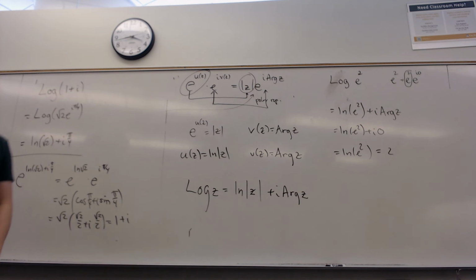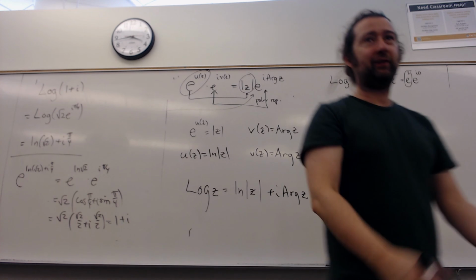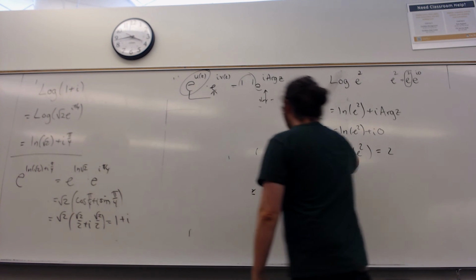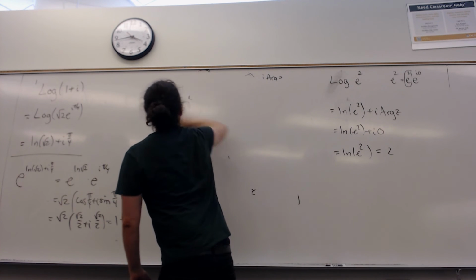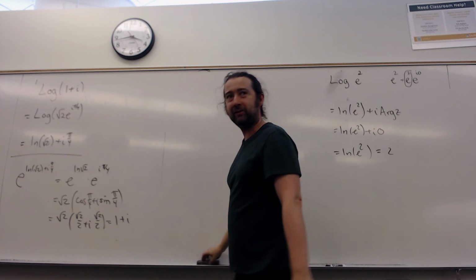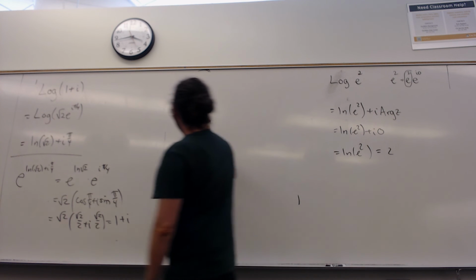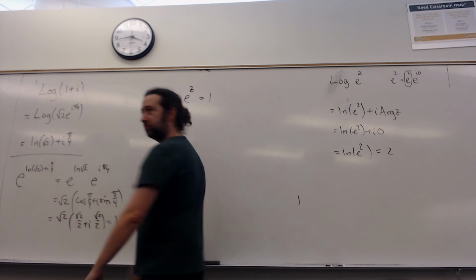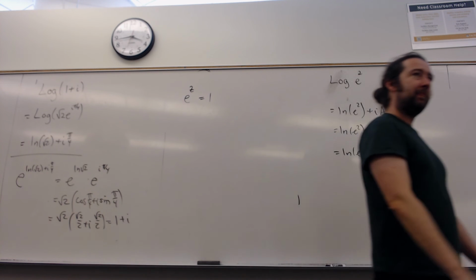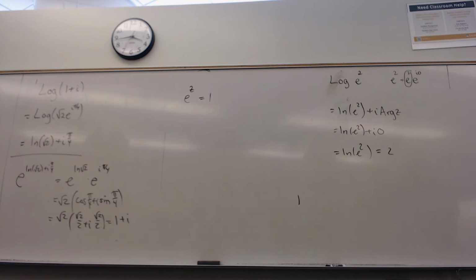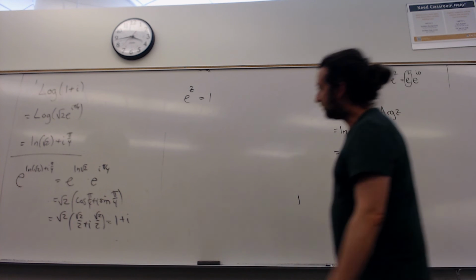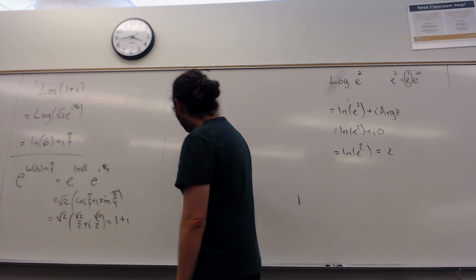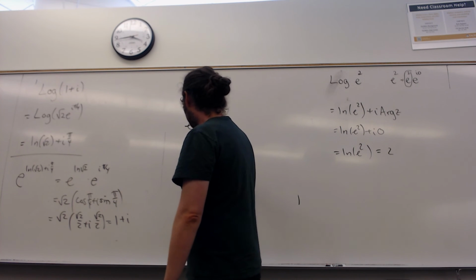Okay. How many branches does this function have? Well, let's think about all the numbers that e to the z sends to 1. How many numbers does e to the z send to 1? Well, certainly e to the 0 is 1. And also, e to the i 2 pi equals 1.